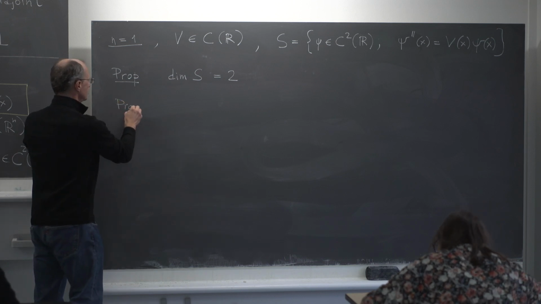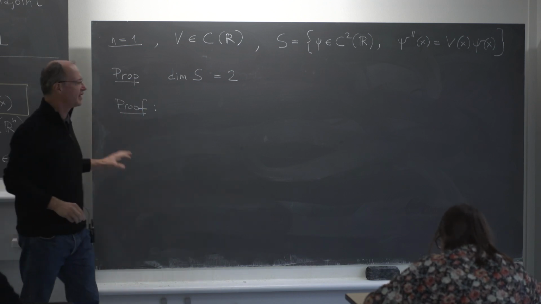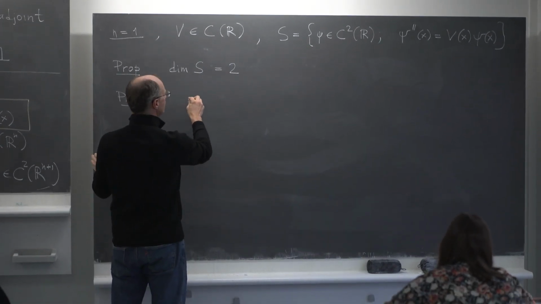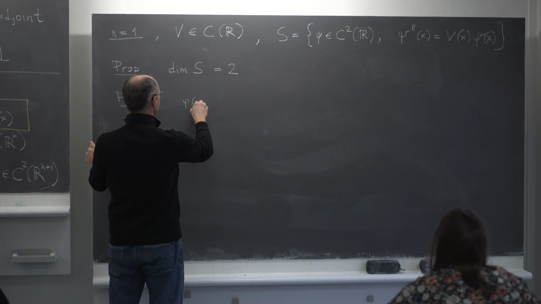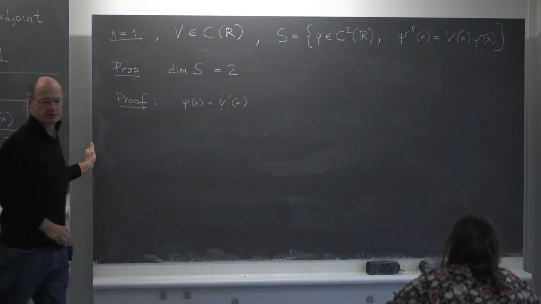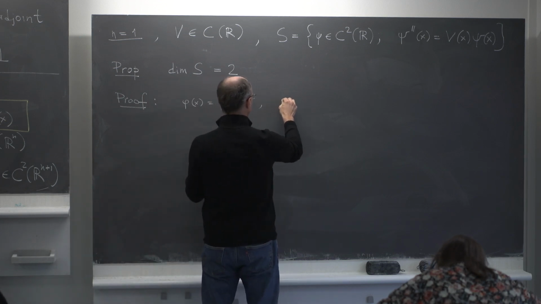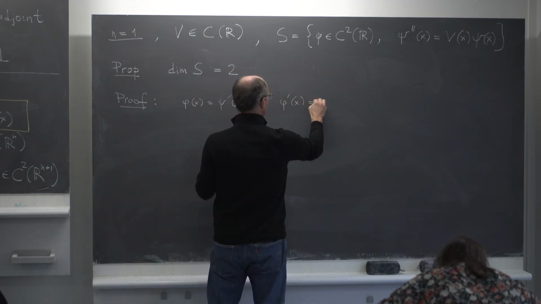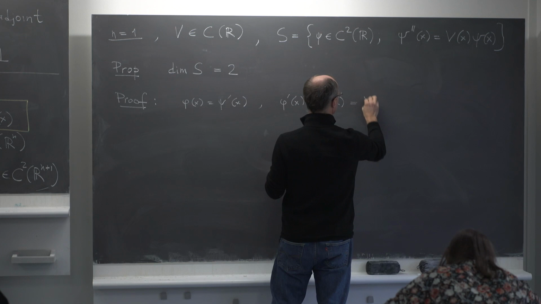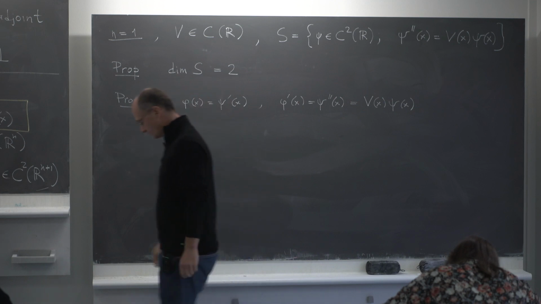Let me give a somewhat more detailed proof, but it basically goes in the same direction. So let me denote by phi of x the derivative of psi, and so then of course phi prime of x is equal to psi double prime of x, and according to this equation, this is equal to v of x psi of x.